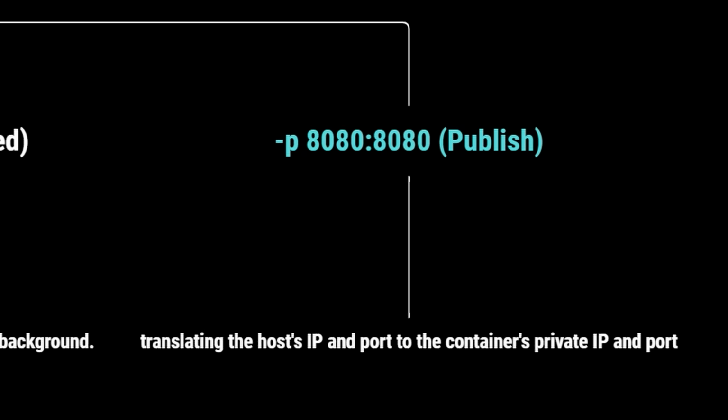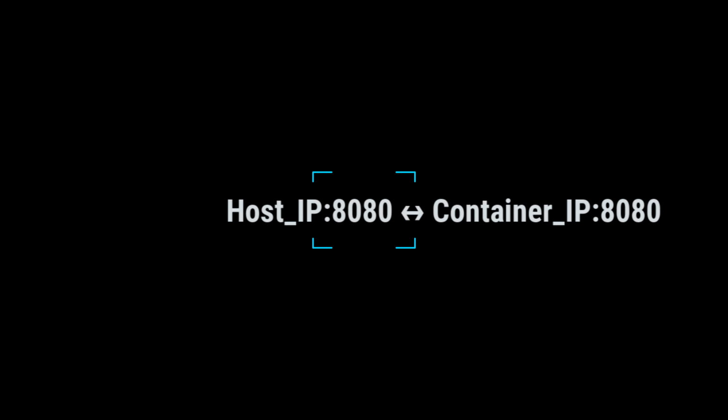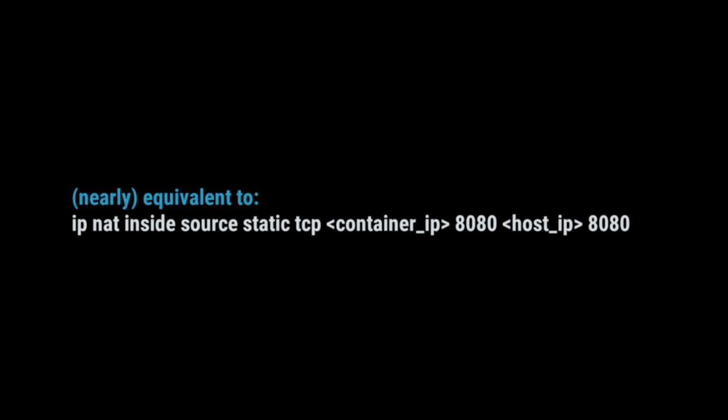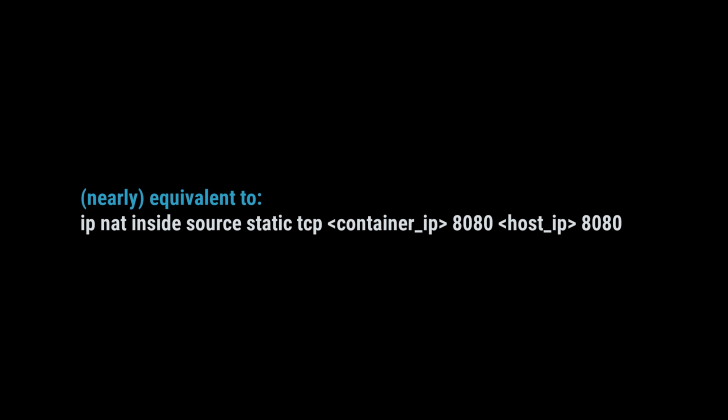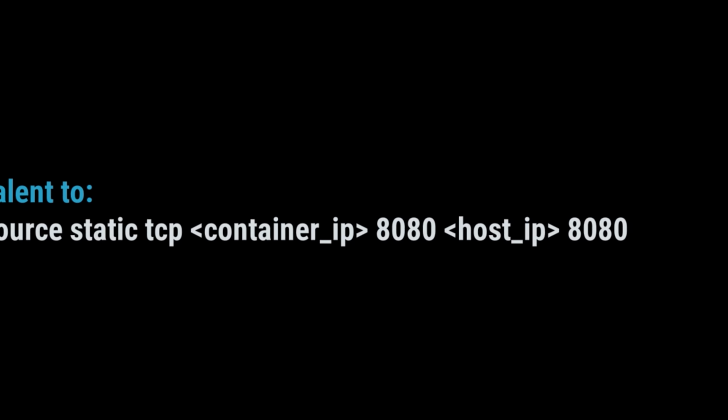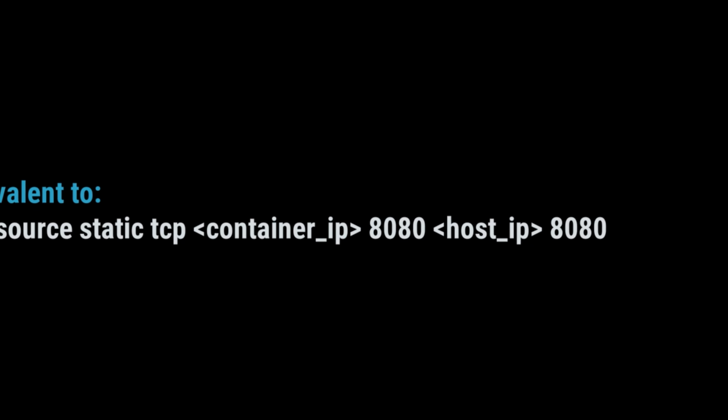It's our external door, mapping port 8080 on our host PC to port 8080 inside the container. In CCNA terms, this P option is implementing static NAT. We're translating the host's IP and port to the container's private IP and port.